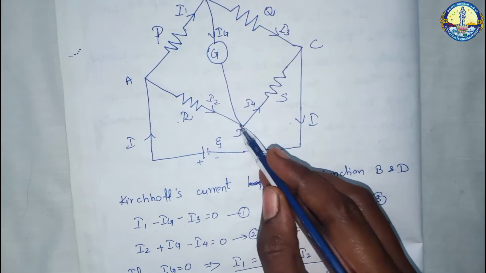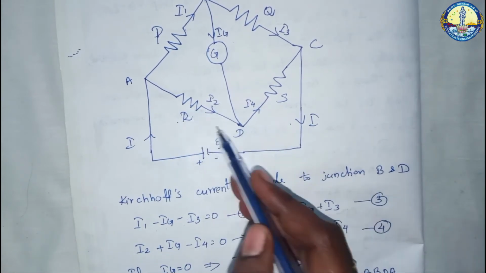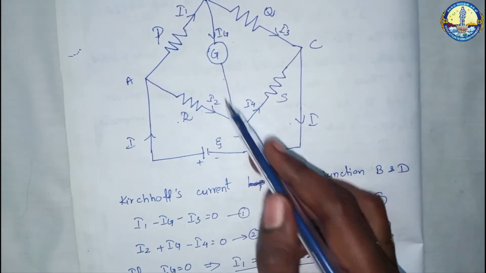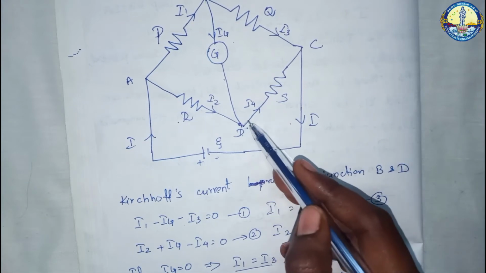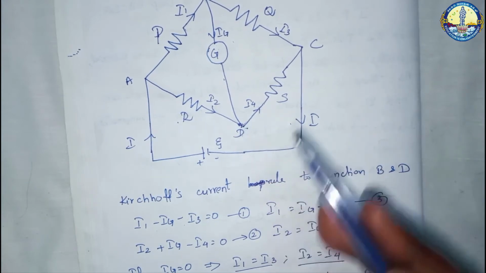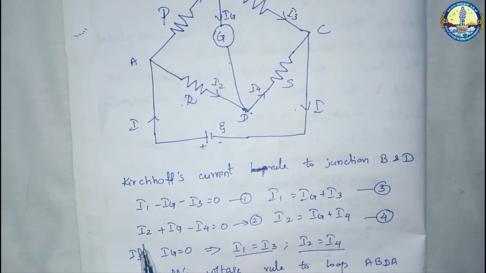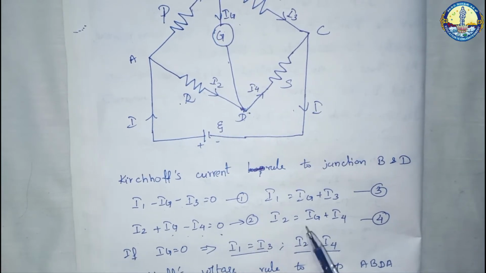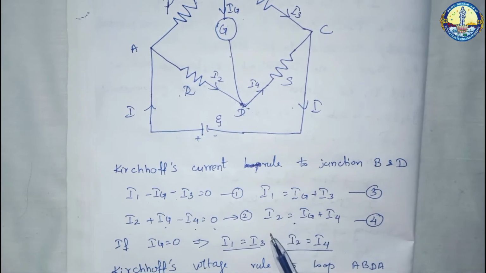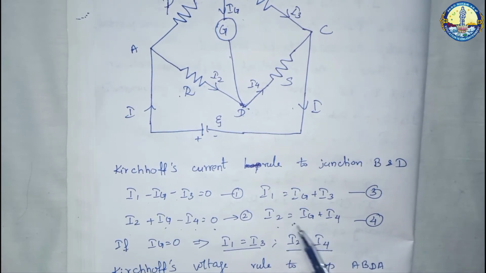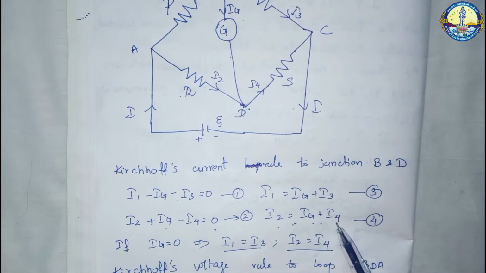Similarly, at the junction D, here I2 is entering, Ig is also entering, but I4 is leaving from the junction. So, I2 plus Ig minus I4 equals 0. Also, we can write this equation as I2 is equal to Ig plus I4.